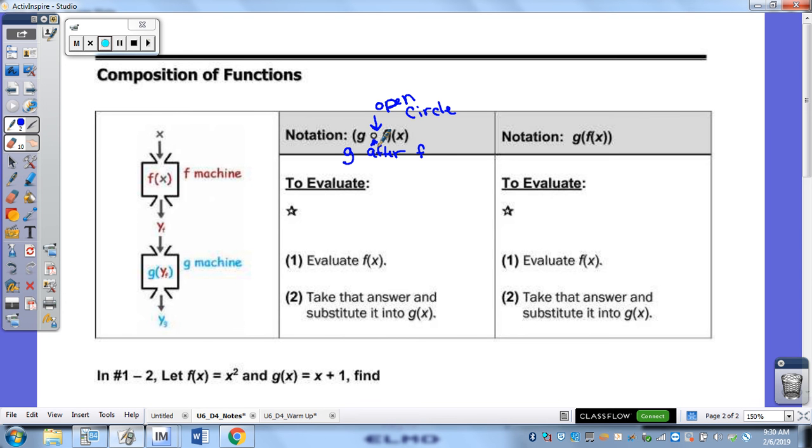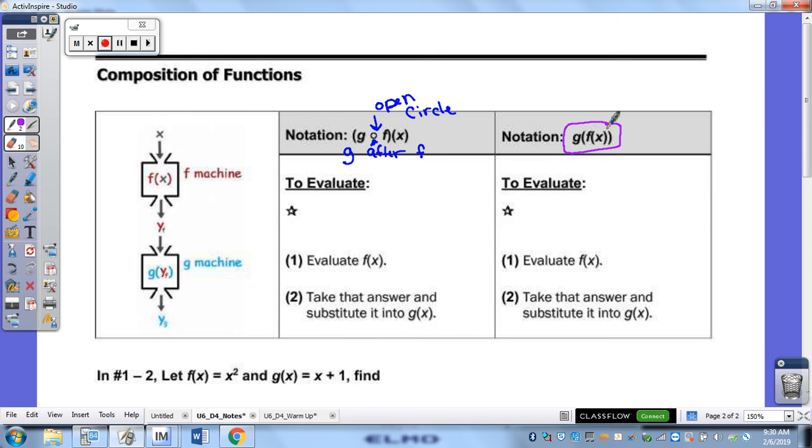That little open circle kind of stands for that word after. So it's telling you which order to go in. Then our other way of writing it has a whole bunch of parentheses there. You got the g of f of x.